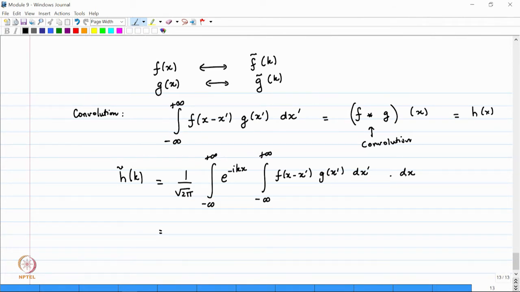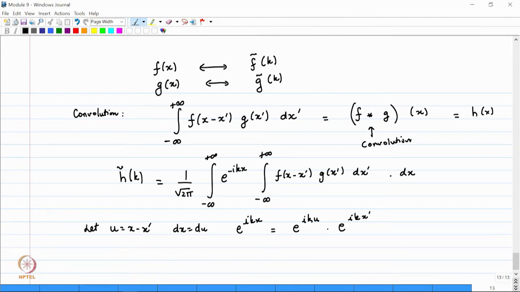Now the second variable, I let u equal to x minus x prime. So u and x prime are independent variables, okay, and you can immediately see that dx equals du, e to the i k x equals e to the i k u into e to the i k x prime.